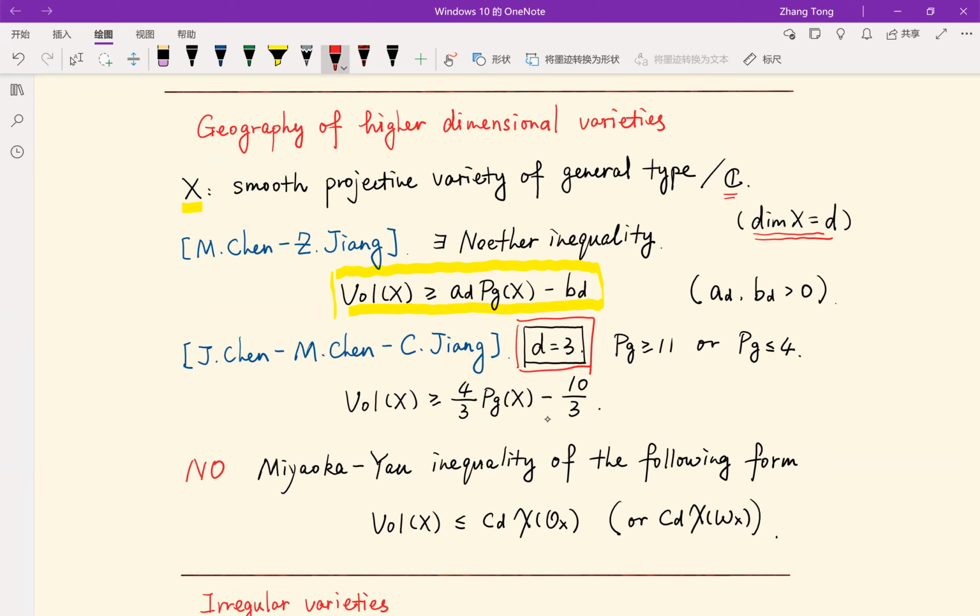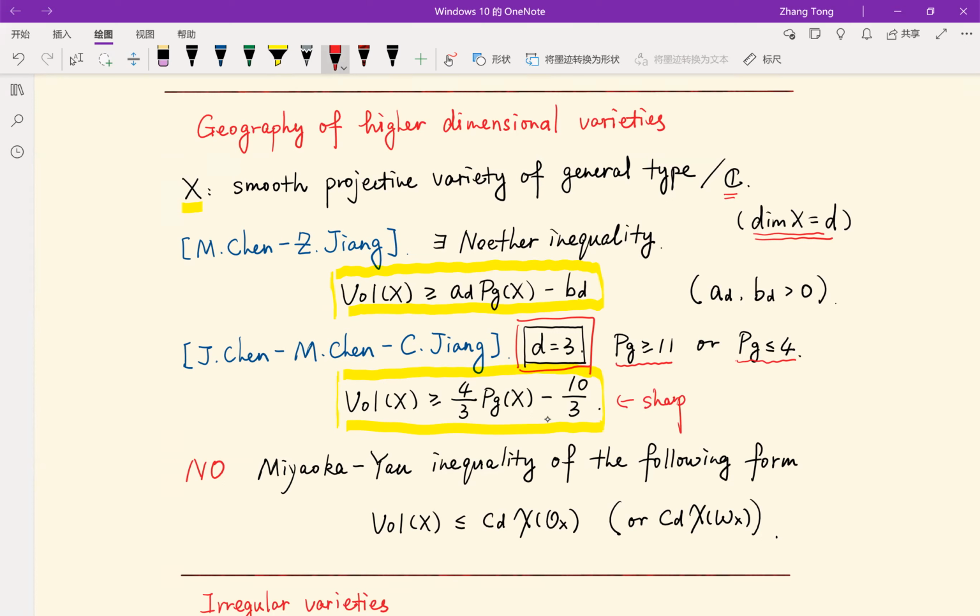If you assume that the geometric genus is at least 11 or at most 4, then you have an optimal Noether inequality like this. It reads as: the canonical volume is at least 4/3 times the geometric genus minus 10/3. And this is sharp, so optimal.